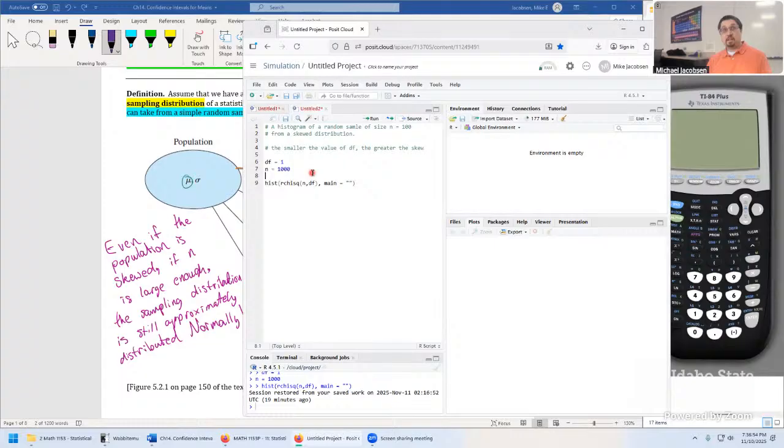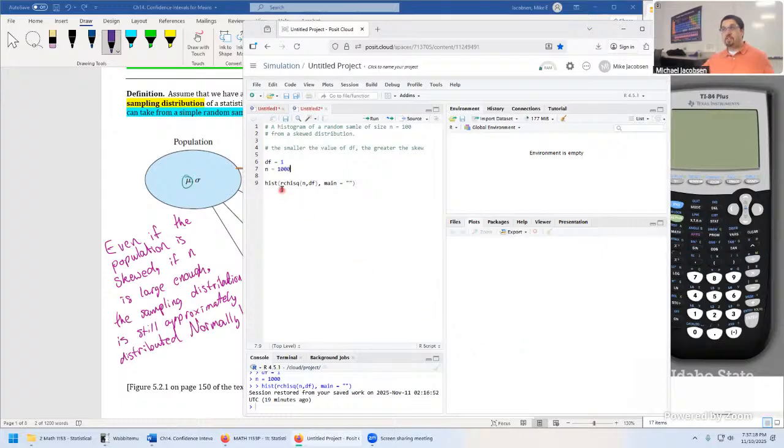If you looked at categorical data with 3 outcomes or more, a chi-square distribution would be working in the background. If we set the degrees of freedom to 1, this controls how skewed the population is.